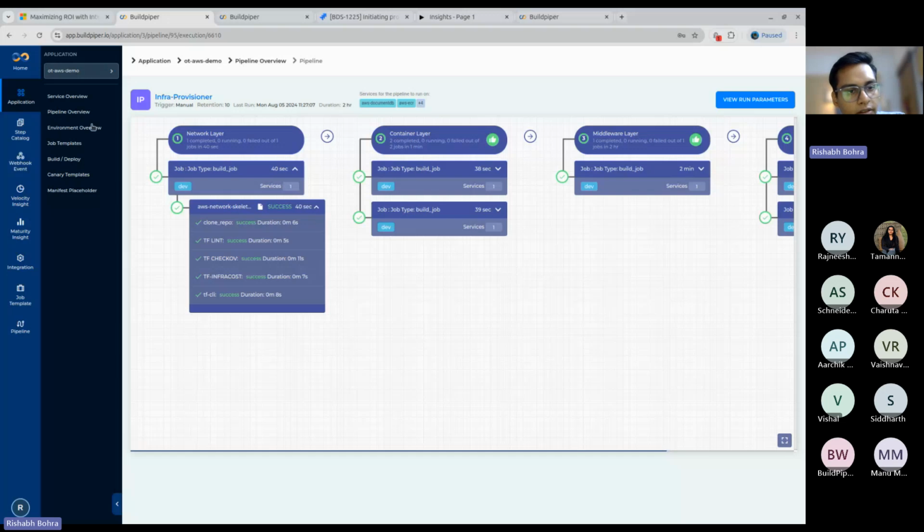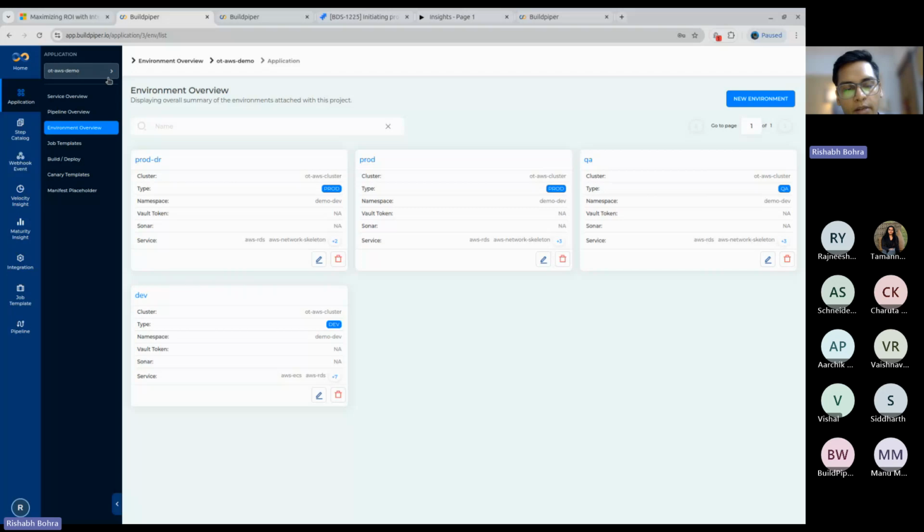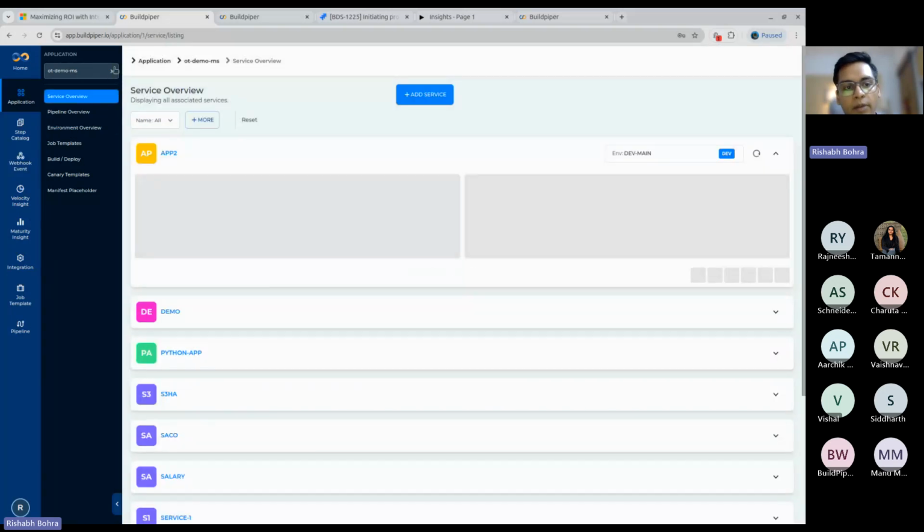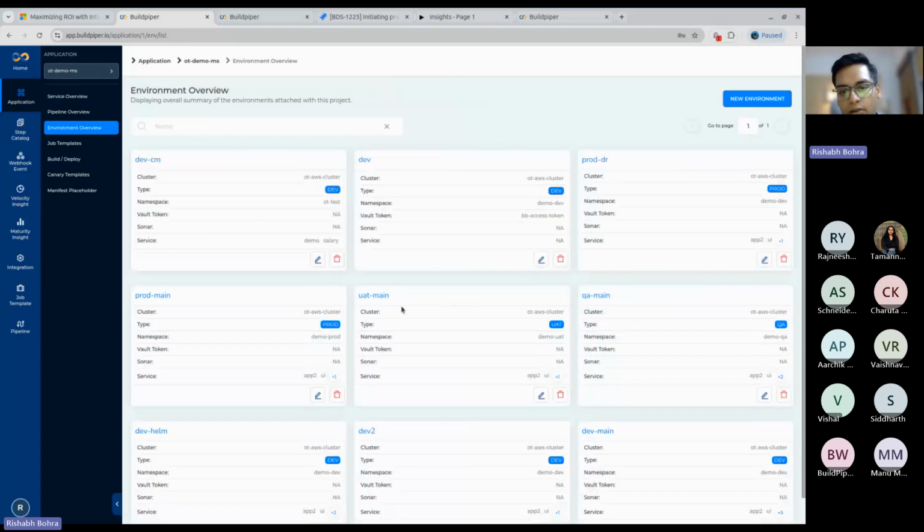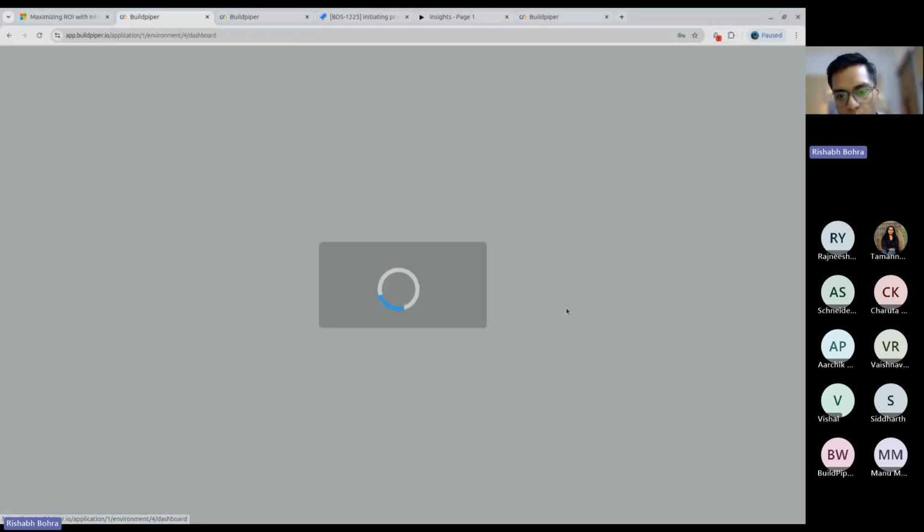Apart from this, you also get to see the environment overview, where you can see all the environments that are part of the respective application, and then we can see the resource utilization as well for all the services that are deployed in that respective environment.